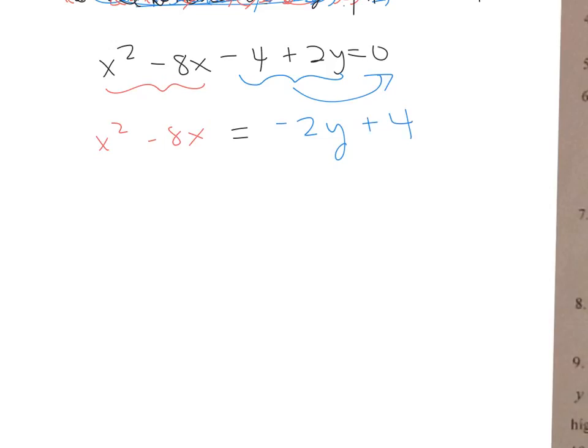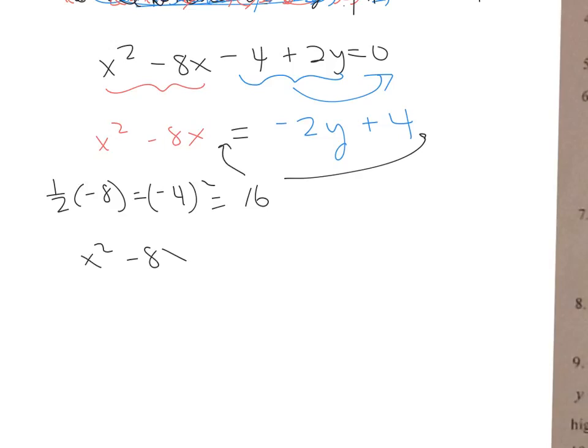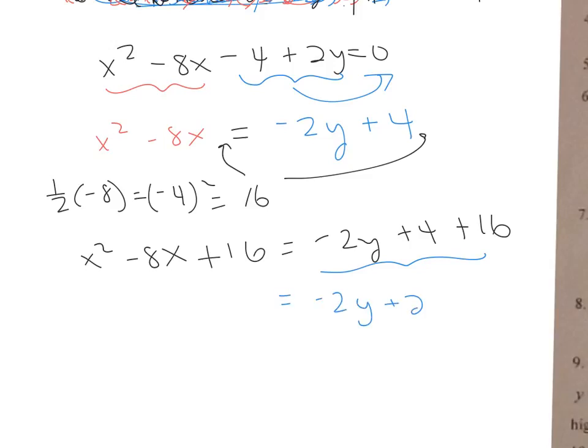Now I want to complete the square for the x's, so I do half of negative 8, which is negative 4. Squared is 16. I'm going to add it over to this side. x squared minus 8x plus 16 is equal to negative 2y plus 4 plus 16. Just clean up this side here. We have negative 2y plus 20.